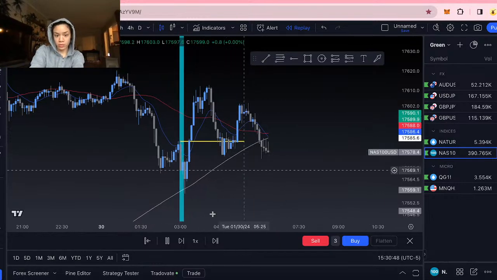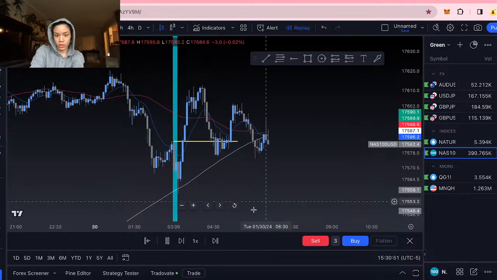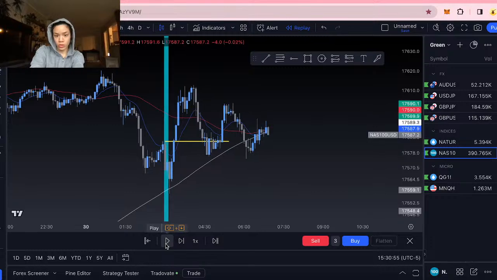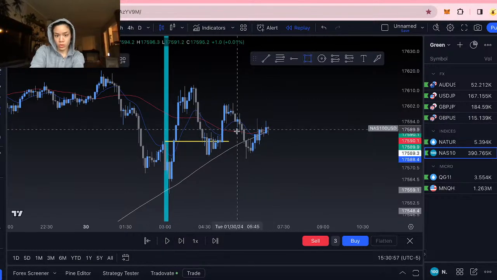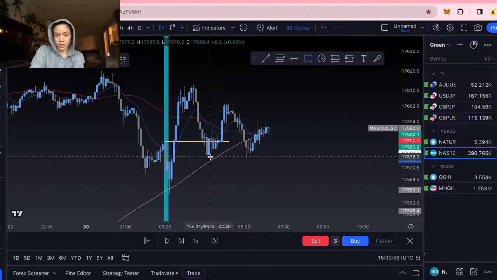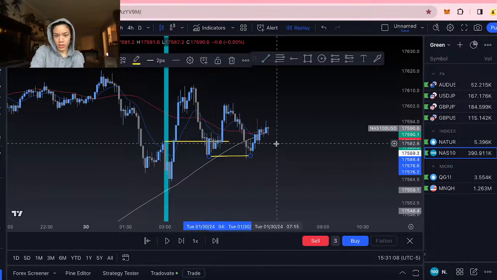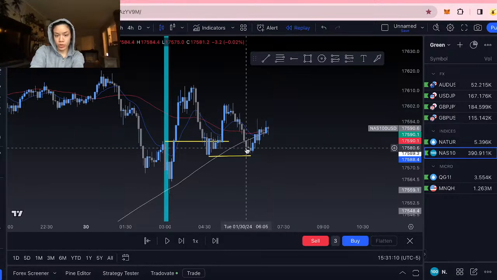Passing this now. This is what, 6:25-ish? So technically this kind of did pass right here. And it just went under the EMA. So that's kind of indicating that it's about to be a downtrend in a way.